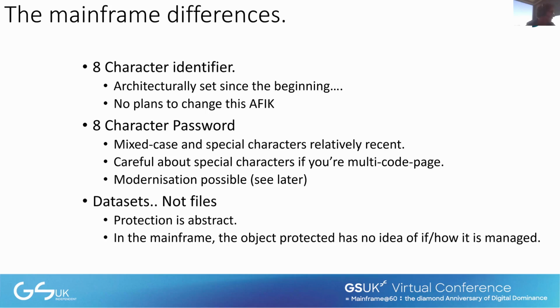There's nothing. The next slide will show you how this works. But ultimately, there's no security information that travels with the file. In Unix or in Windows, you copy a file from one place to another, it keeps its security information. In z/OS, we do not have that. It is an abstract question.